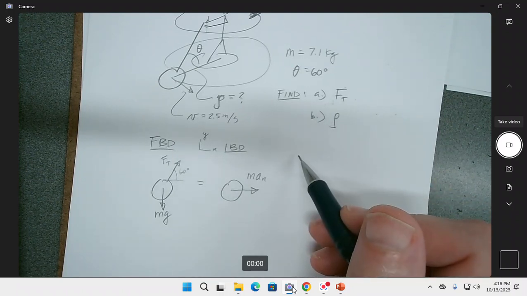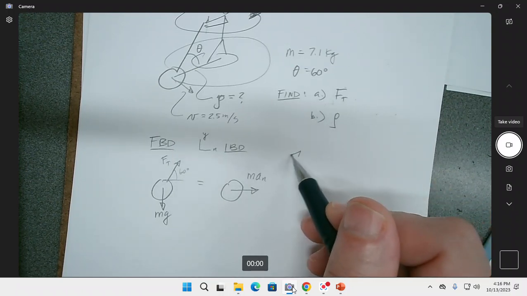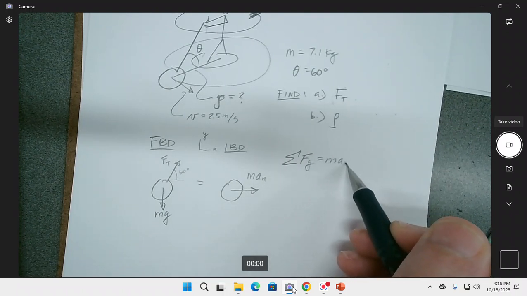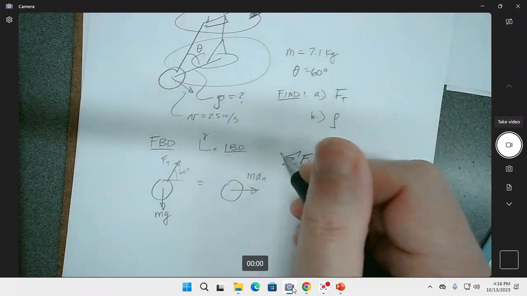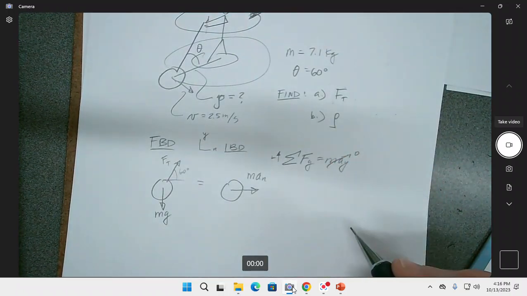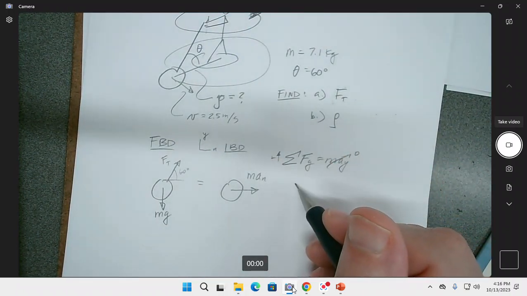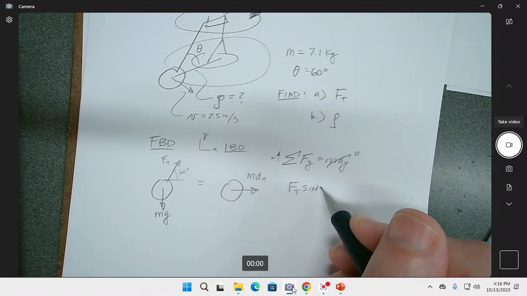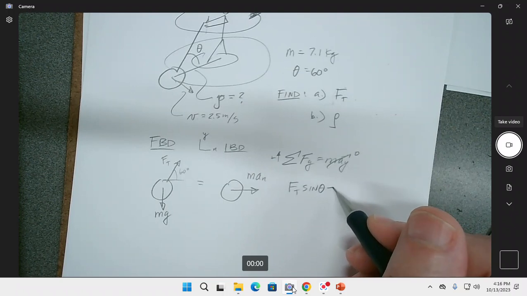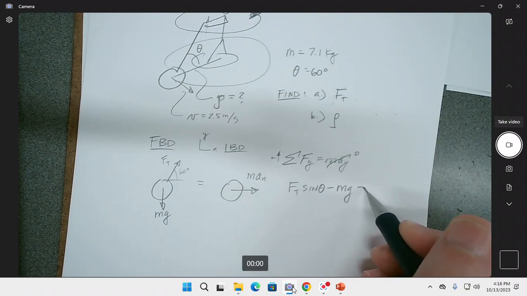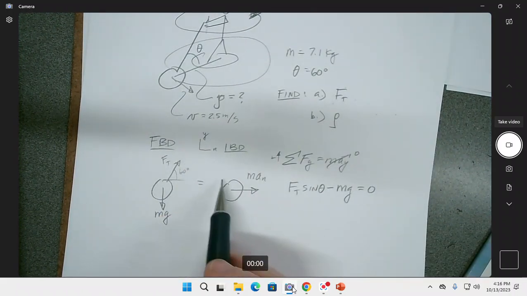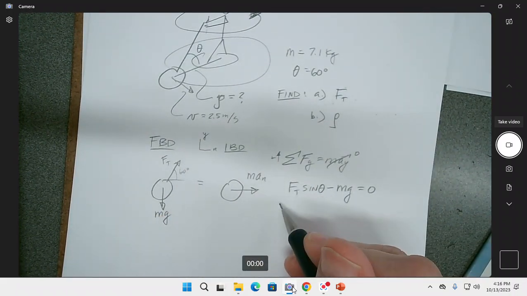So actually part A is pretty easy. All I need to go is Ft times the sine of theta minus mg is equal to 0. This is not going up or down, it's spinning in a circle constantly.